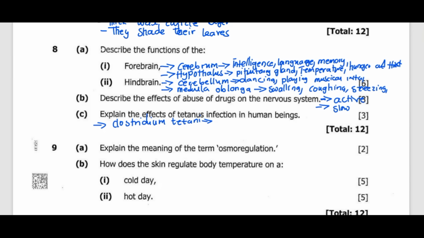Now, what is the negative of this infection? So when these bacteria enter the body, they produce a toxin that causes painful muscles. So it has to do with muscle pain. So that is the effect, muscle pain.